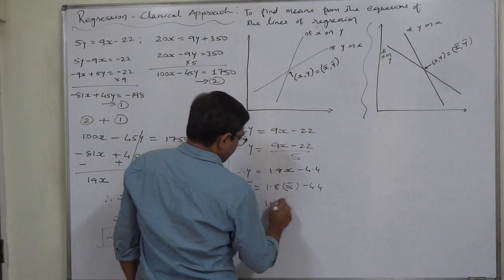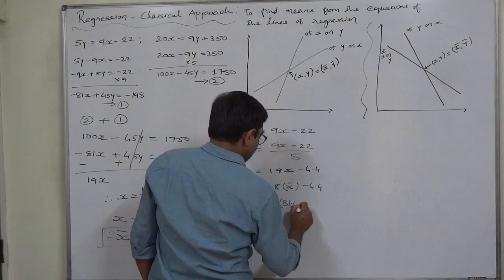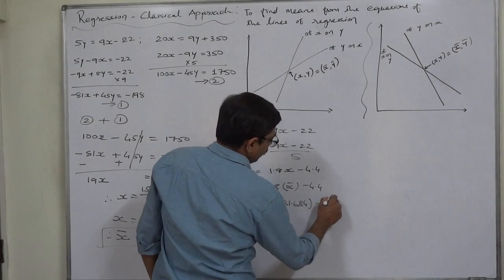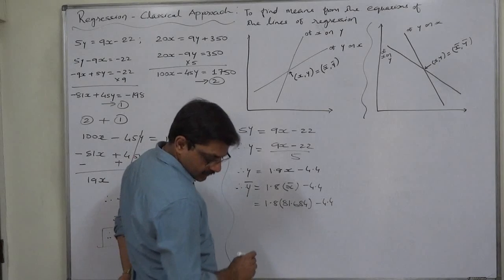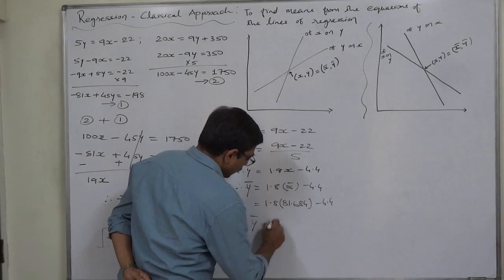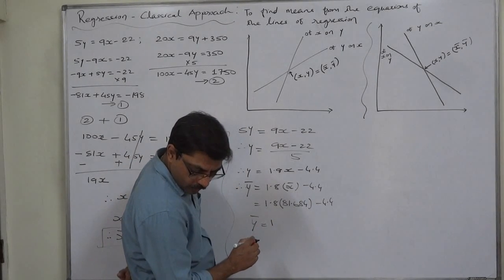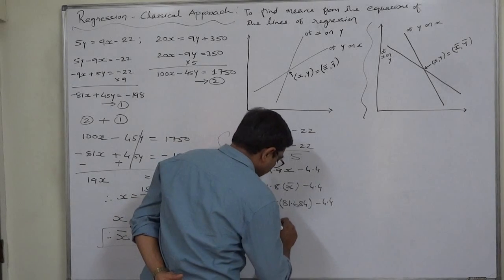That is 1.8 into 81.684 minus 4.4. So it will be 142.631.